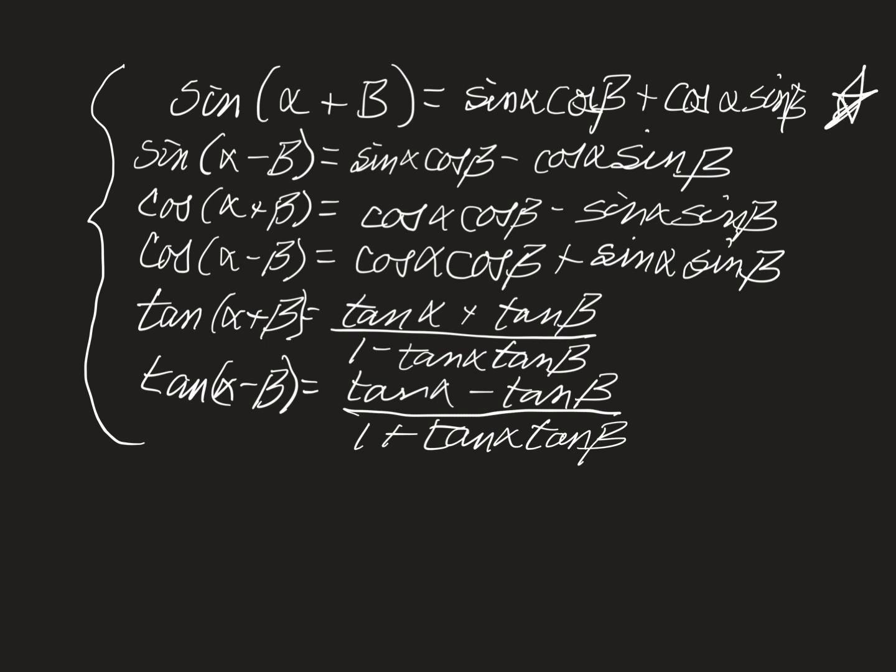Basically, we take the sine and we end up adding 2 angles together, like 10 degrees and 25 degrees, or pi over 6 and pi over 2. So all we're doing is just adding 2 angles together.